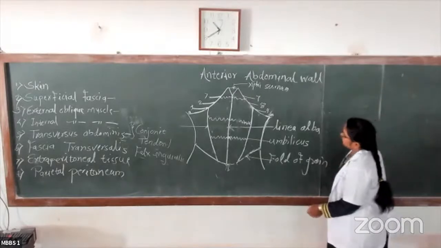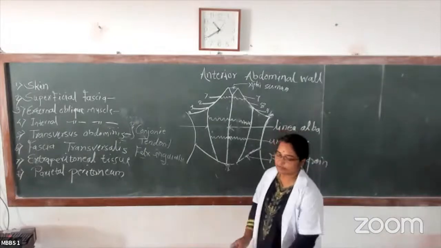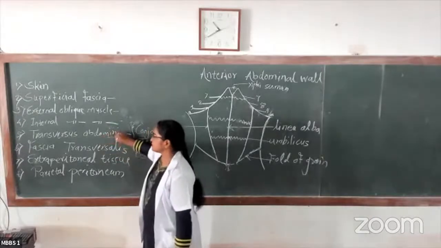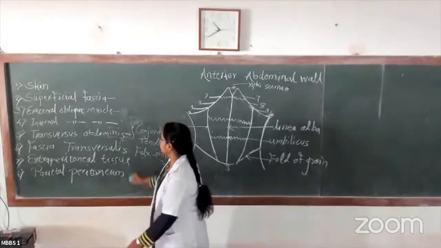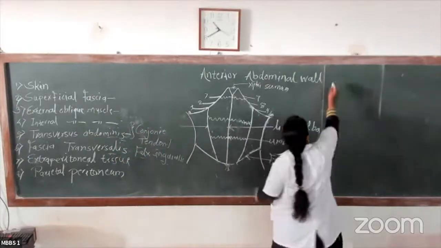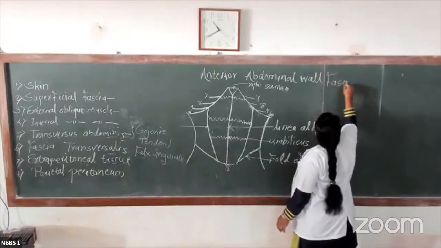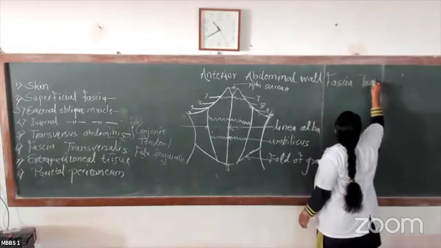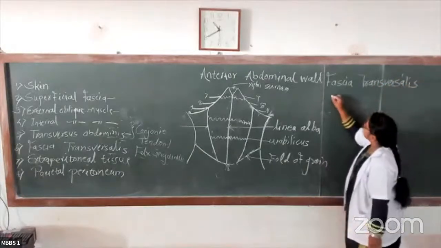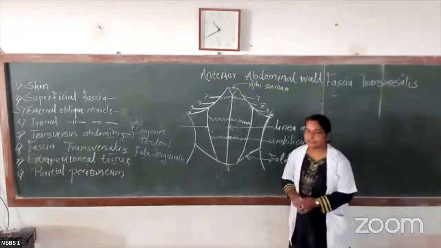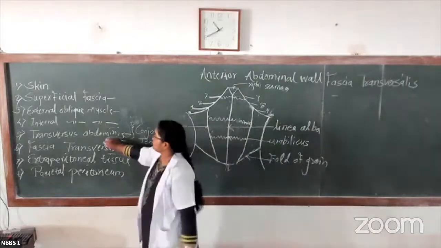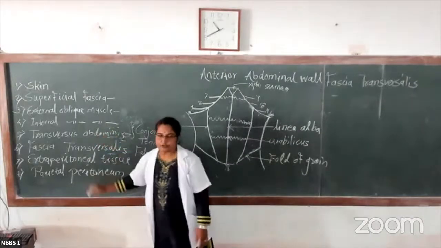Now, the neurovascular bundle of the anterior abdominal wall is present in between the internal oblique and transversus abdominis muscles. Now, we see the fascia transversalis. What is fascia transversalis?